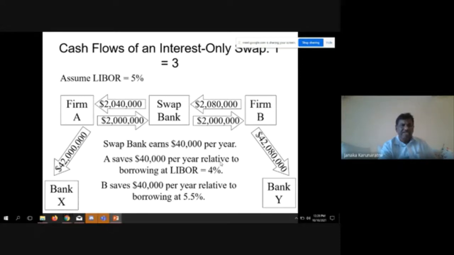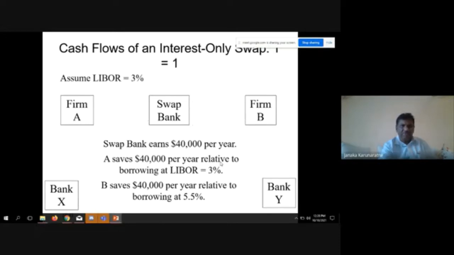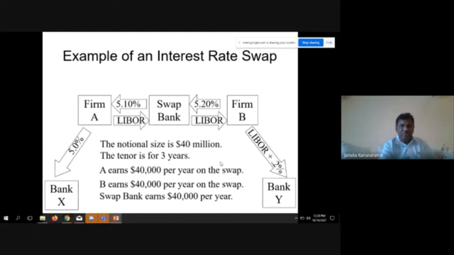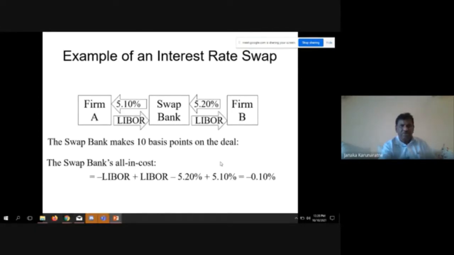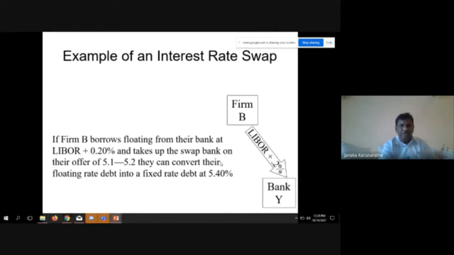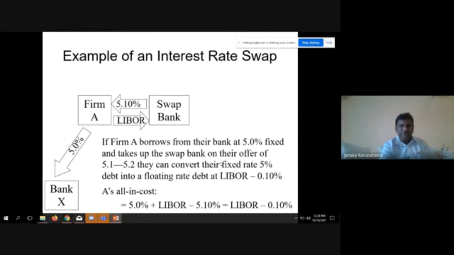My benefit is 40,000 because of this swap. For firm A, my cost would be LIBOR minus 0.1%.